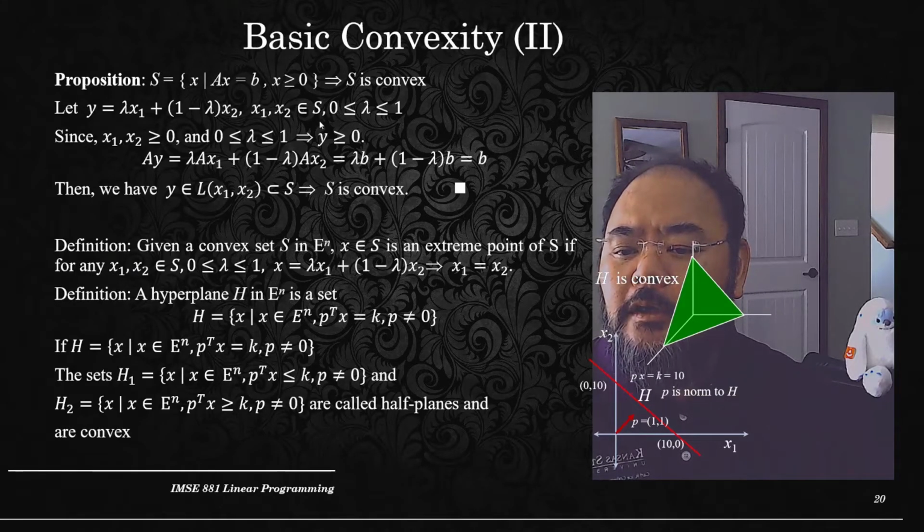If x1 and x2 belong to S, then we can define a lambda between 0 and 1, and the data point y equals lambda times x1 plus 1 minus lambda times x2, which is the convex combination of x1 and x2.